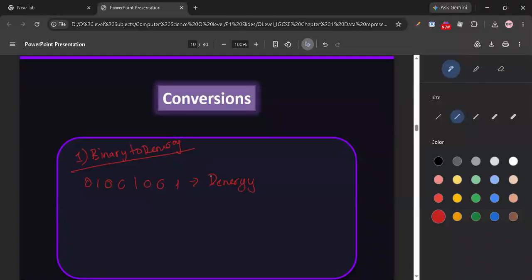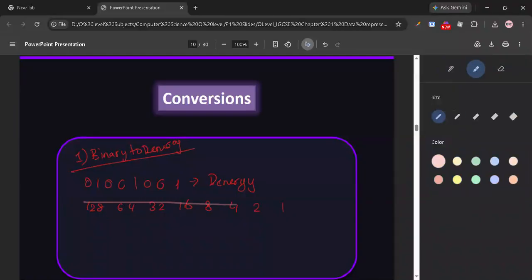Let's see. The shortest and easiest method is to memorize this: 128, 64, 32, 16, 8, 4, 2, 1. Memorize this, nothing else. Just read it again and again so that you can memorize it easily.